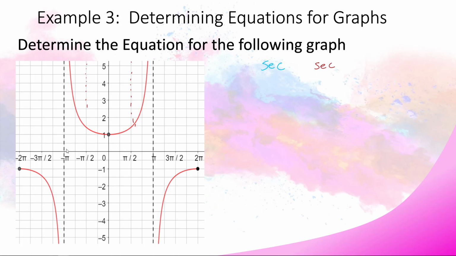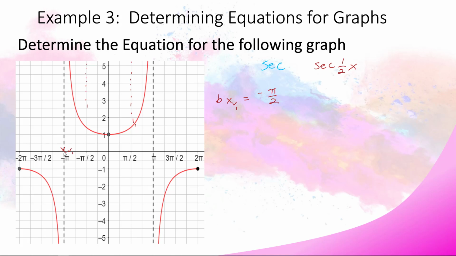And if there is a horizontal stretching, we have the secant of 1/2 times x. There's actually another way that you can look at this. Okay, we know for a fact that the argument b times xv1, because this is xv1, the first vertical asymptote, is going to be equal to negative pi over 2.